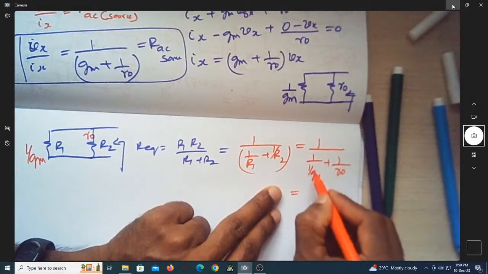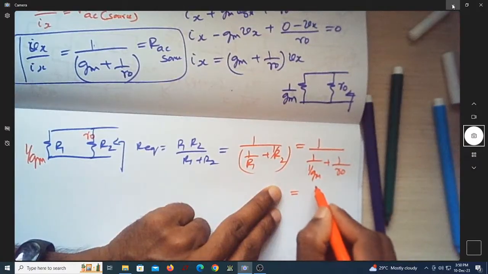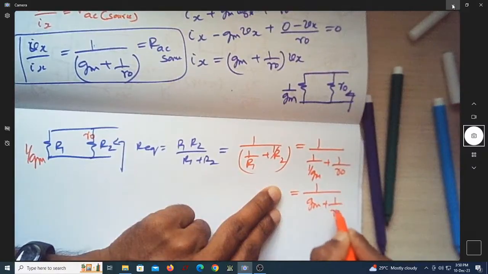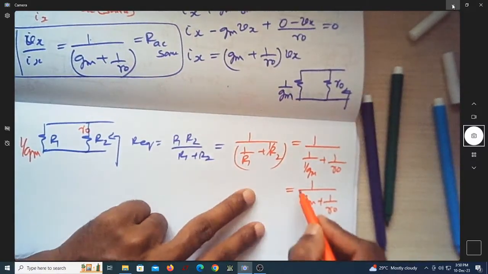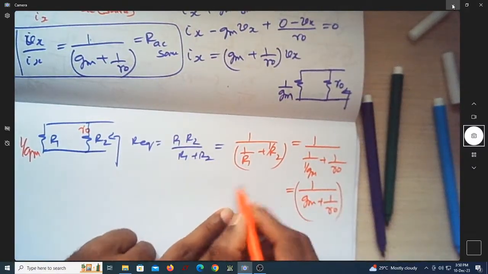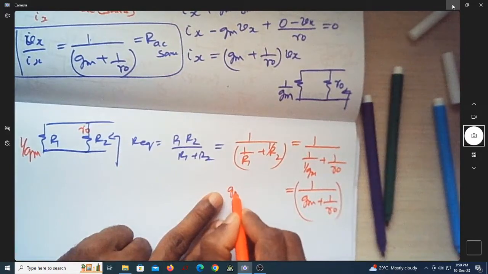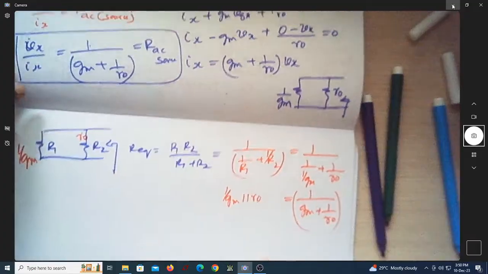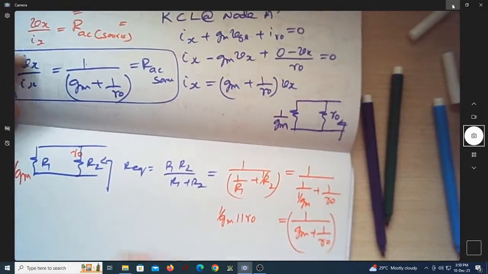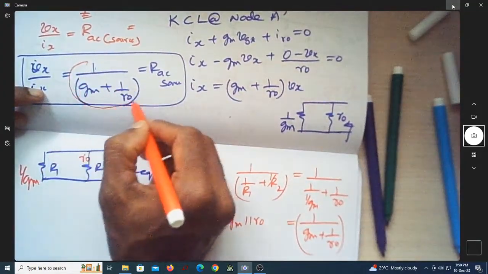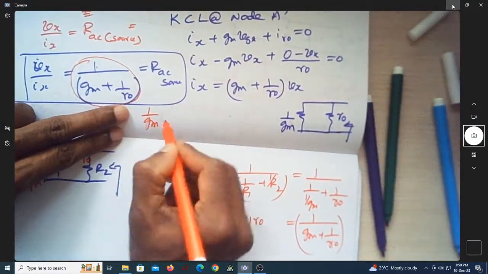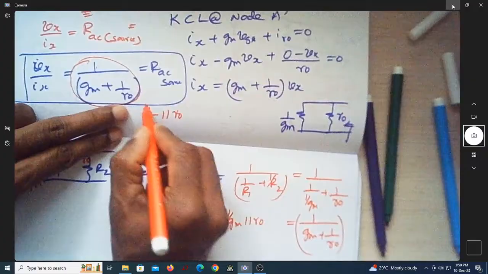Because it is 1 over gm, can I write it as gm plus 1 over R0? So what is actually this? Is it not 1 over gm parallel with R0? Meaning whatever equation you have here is nothing but 1 over gm in parallel with R0.